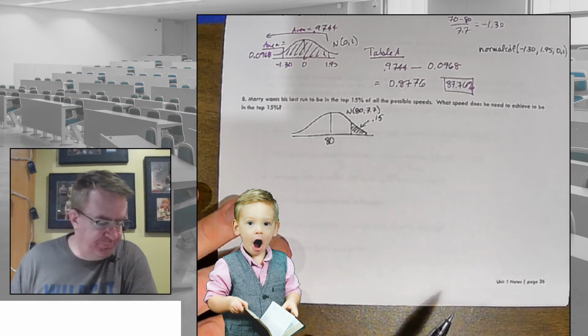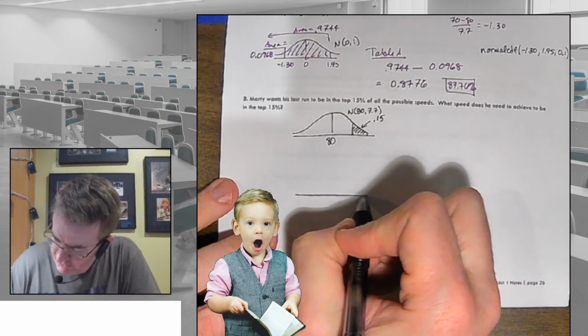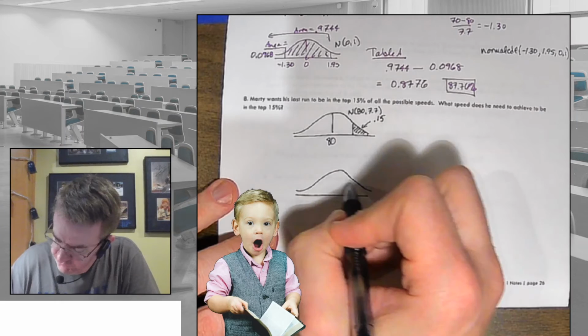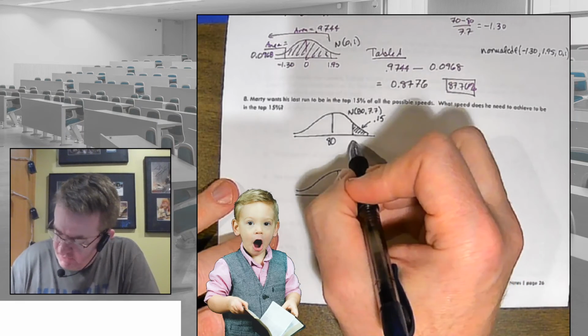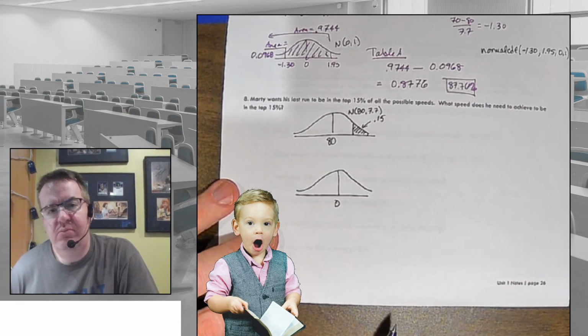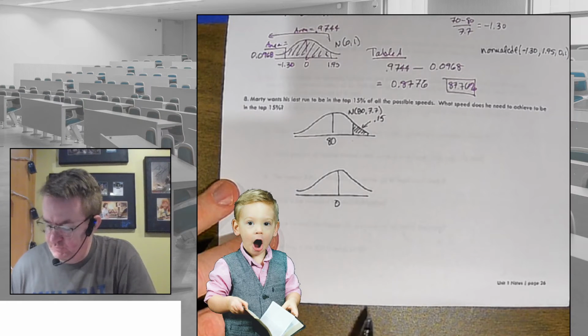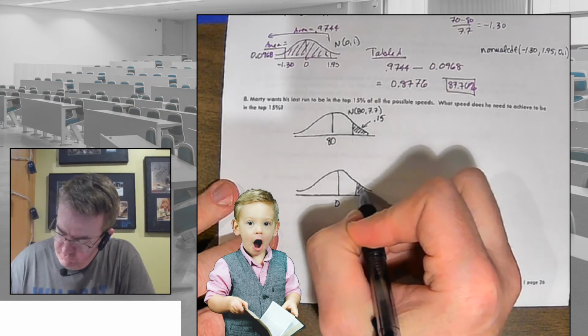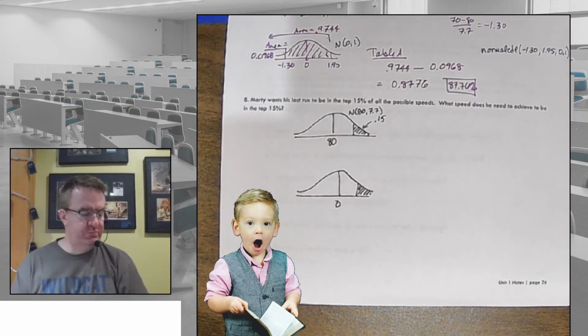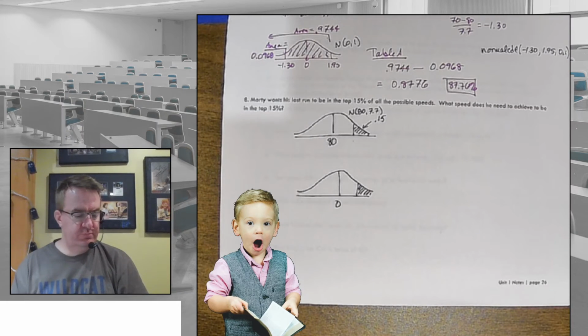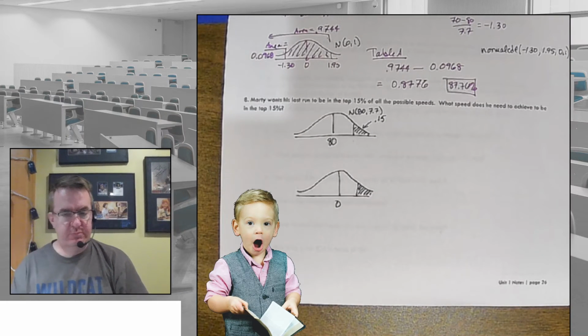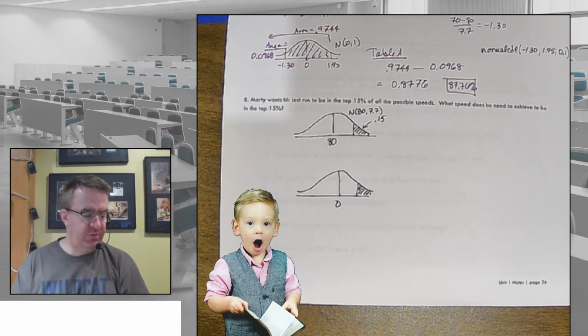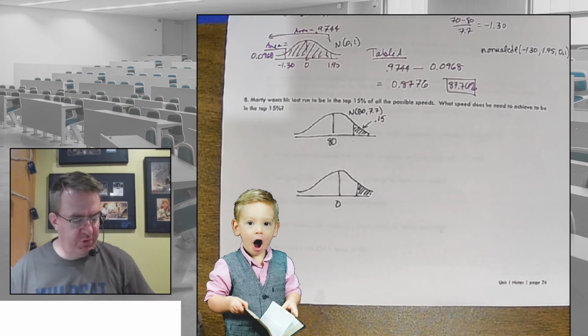Now, here's the cool part. So if we're coming back here, how do I figure out what that z-score is? How do I figure out where that goes? How do I know what's going on?